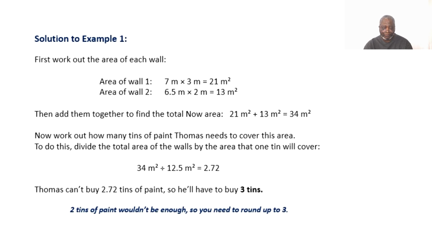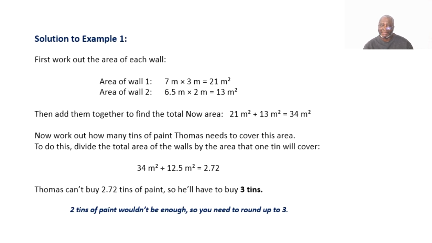34 meters squared divided by 12.5 meters squared, you see the same units now, all squares, is equal to 2.7. Why didn't I say 2.7 meters squared? Because they are not asking you to give your answer in meters squared. They're asking you to find out how many cans of paint he will need to buy.